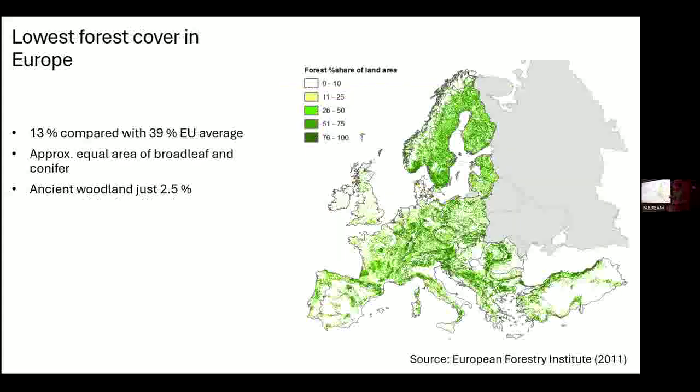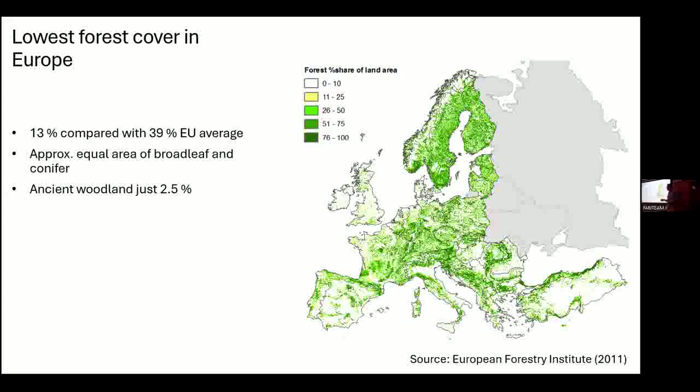And you can see from this assessment for Europe, based on satellite imagery, that the UK looks pretty deforested when we compare it to the European average. 12 to 13% woodland cover, forest cover in the UK, compared to nearly 40% across the rest of Europe.